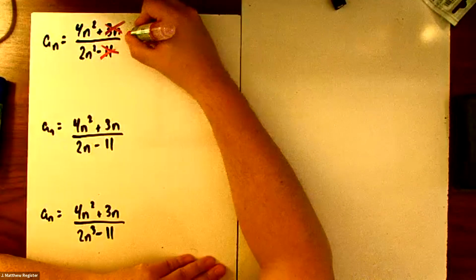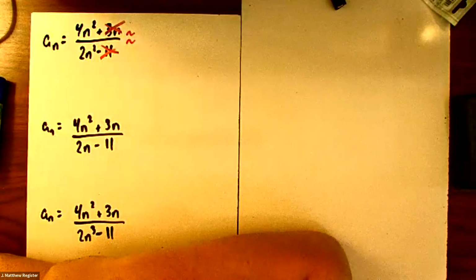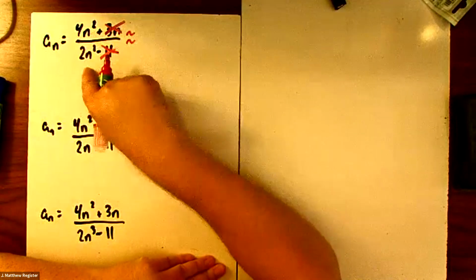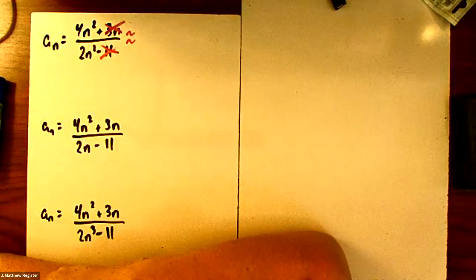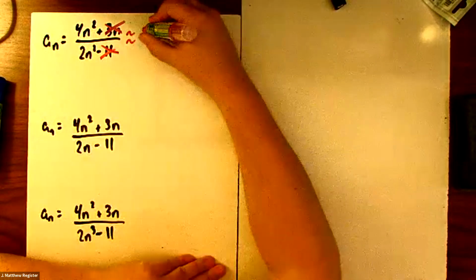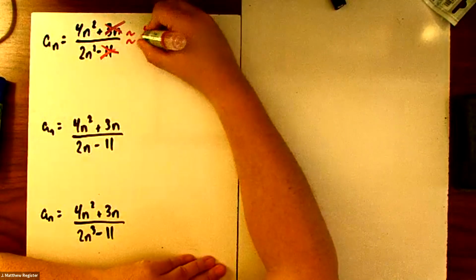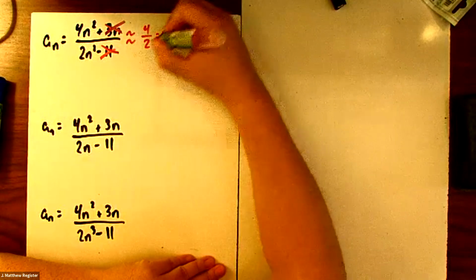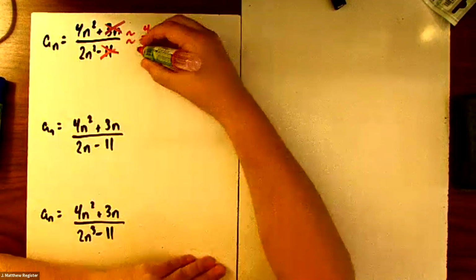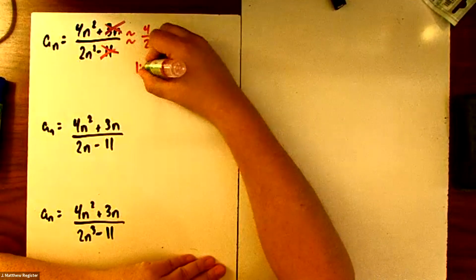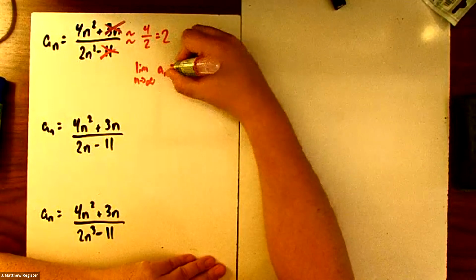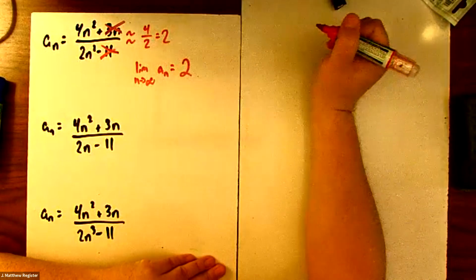Looking at this now, we're saying that for very large numbers, we're going to be left with something close to 4n squared over 2n squared. Well, 4n squared over 2n squared is going to be 4 over 2, which gives us 2. And so for this one, the limit as n goes to infinity of this sequence is 2.